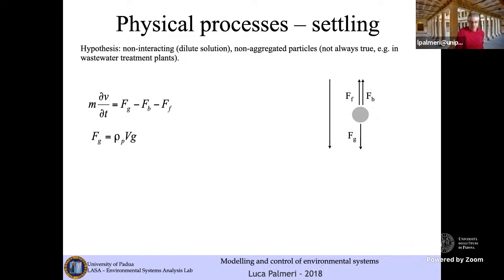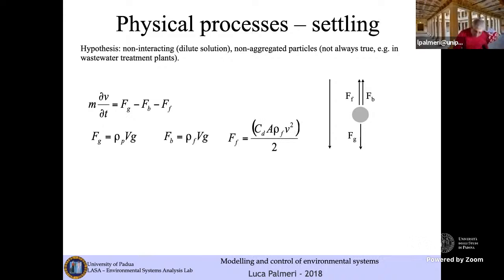How do we describe the forces? This is a very classical way. The gravitational force is equal to the density of the particle times the volume times the gravitational acceleration g. The buoyancy force is equal to the density of the fluid times the volume of the particle times again the gravitational acceleration g.